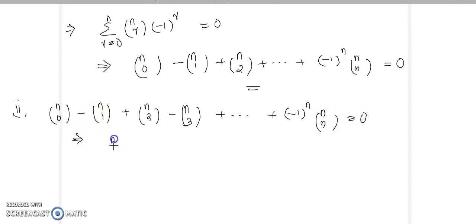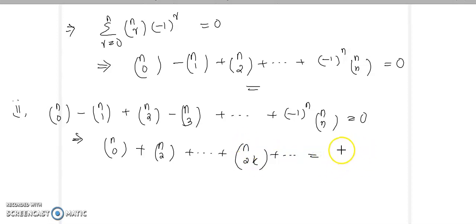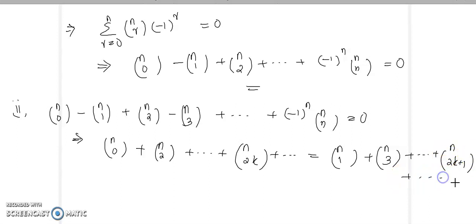So that implies nC0 plus nC2 plus etc. nC2k plus etc. will be equal to nC1 plus nC3 plus etc. nC2k plus 1 plus etc.